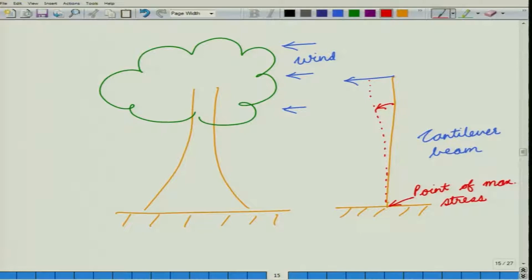If this tree did not have sufficient resistance here, it would snap at this point and maybe fall down. So, a tree needs to reinforce this point by adding more materials.